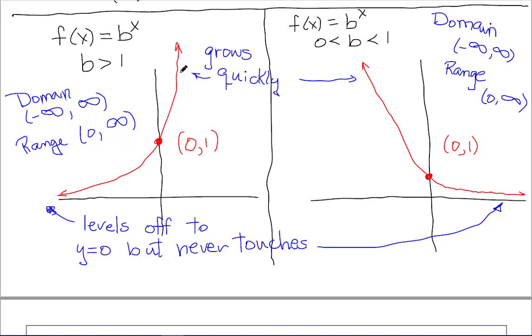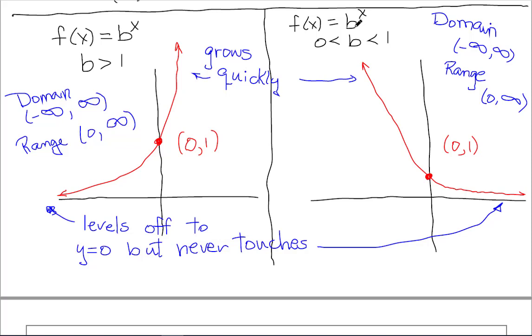It grows quickly on the right hand side, and on the left it shrinks down toward the x-axis, which is y equals 0, but it never gets there. It just keeps shrinking and leveling off, but never touches. The domain is all real numbers, and the range, since it never touches 0, is parenthesis 0 up forever.